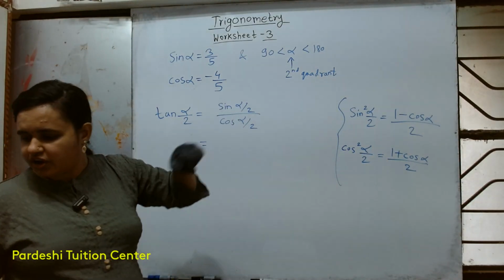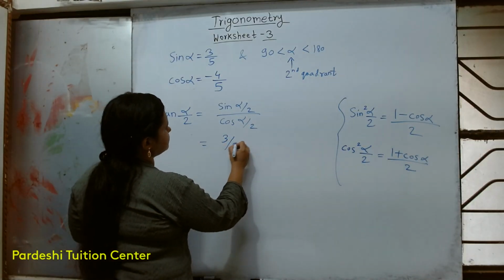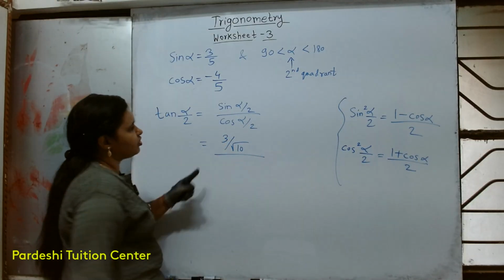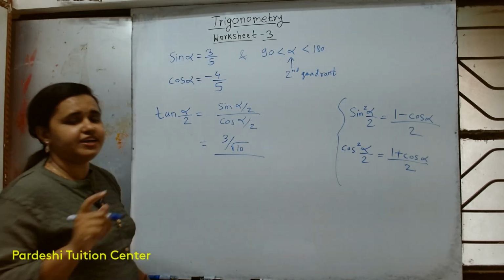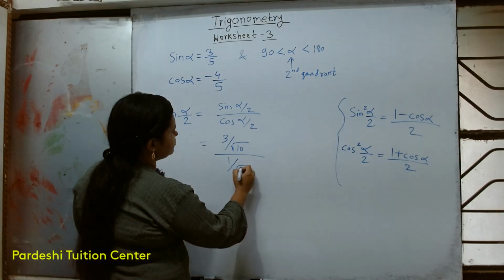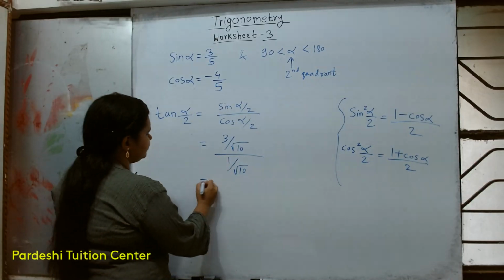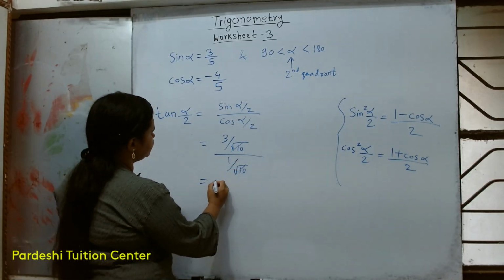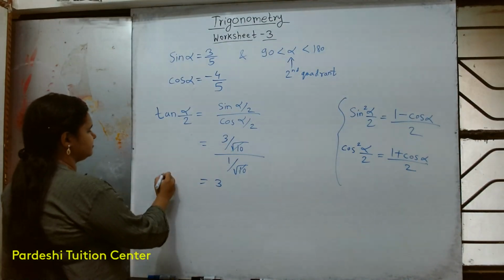Sin alpha by 2 we have got as 3 by root 10 upon cos alpha by 2. Cos alpha by 2 was 1 by root 10, which we have just calculated in B. So root 10 and root 10 will get cancelled and it will be 3. So tan alpha by 2 we have got as 3.